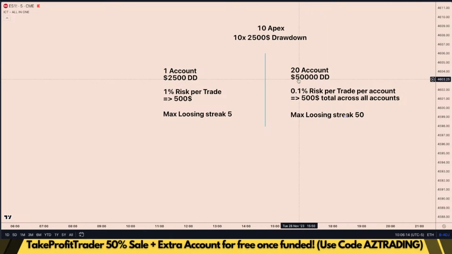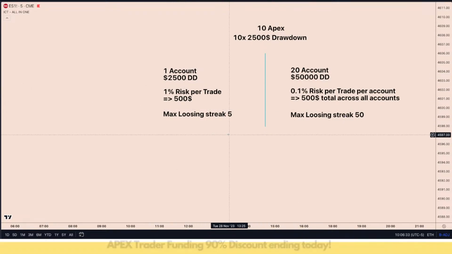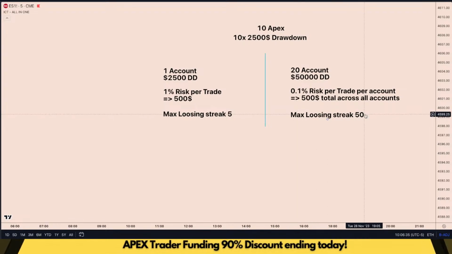Imagine having 20 accounts with $50,000 margin, and you would only have to risk 0.1% per trade, per account, $50, to basically achieve the same as you would with one account risking 1% per trade, leveraging the margin. And you could lose up to 50 trades in a row, assuming that you use proper risk management of, don't overtrade, overleverage.